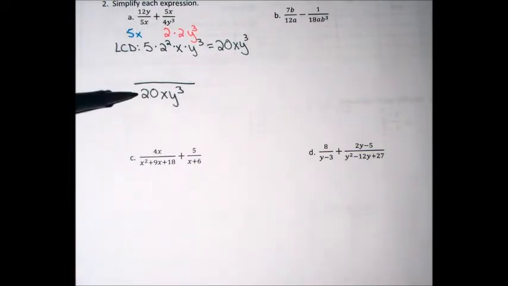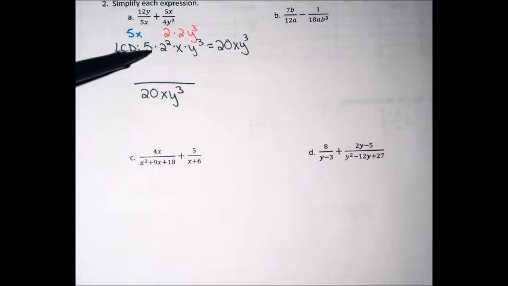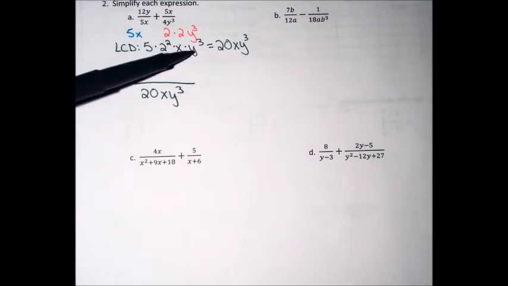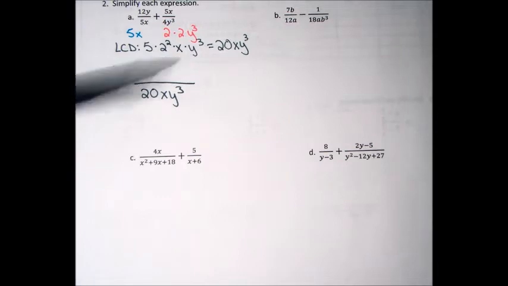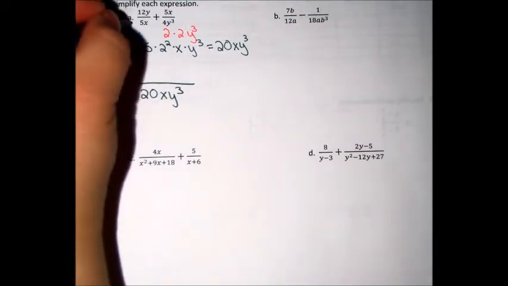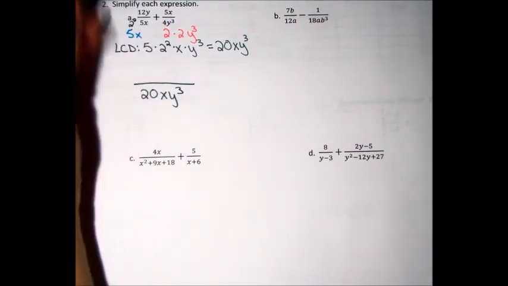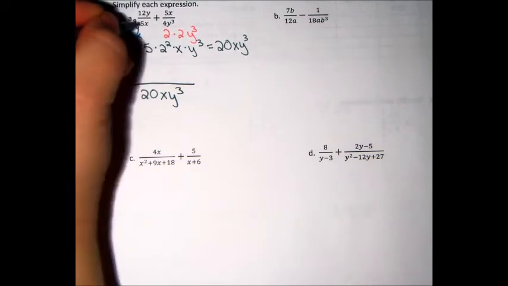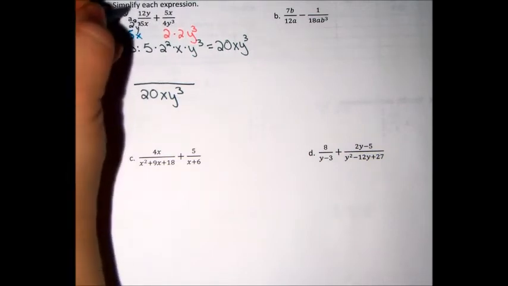We have to make each of these denominators look like this denominator. So in looking back at the split out portion, it already had a 5, it already had an x, it needed a 2 squared, which is 4, and it needed a y cubed. So it needed a 2 squared and a y cubed.